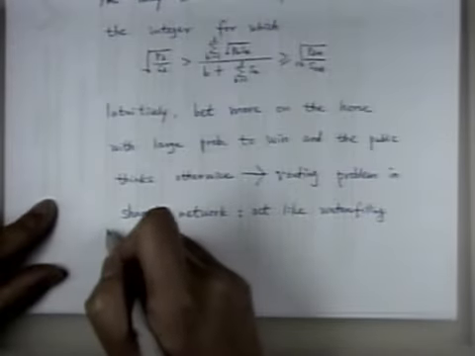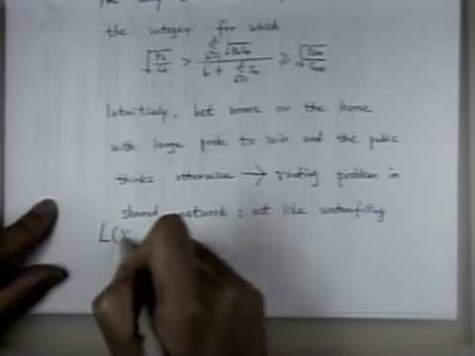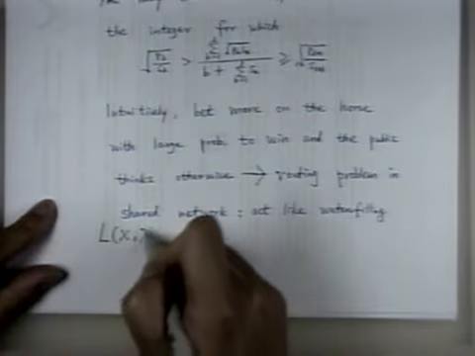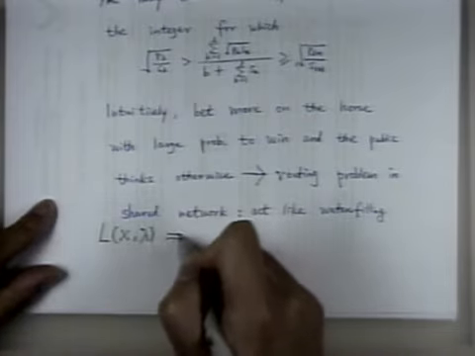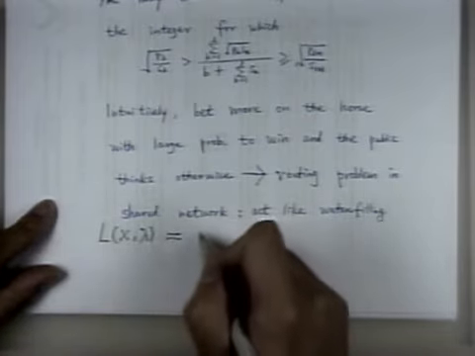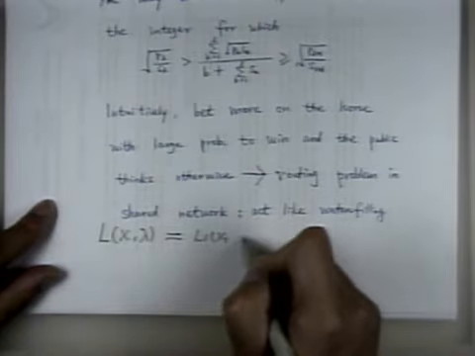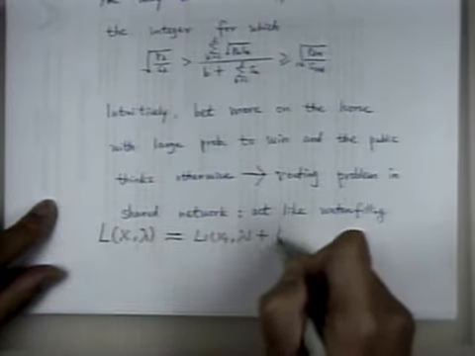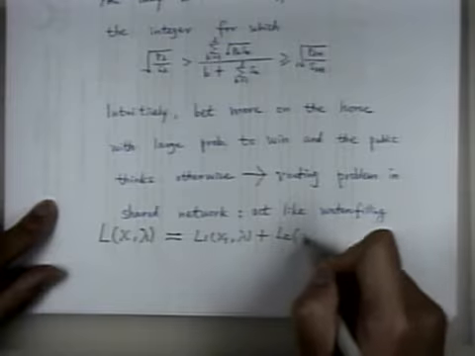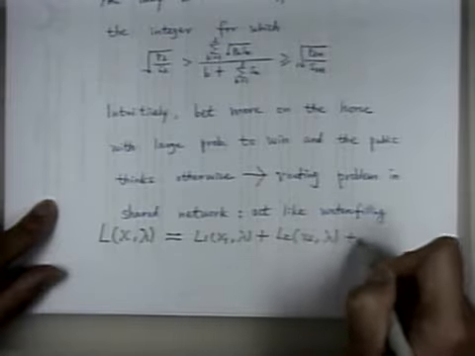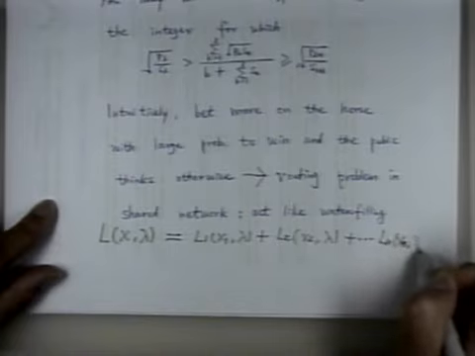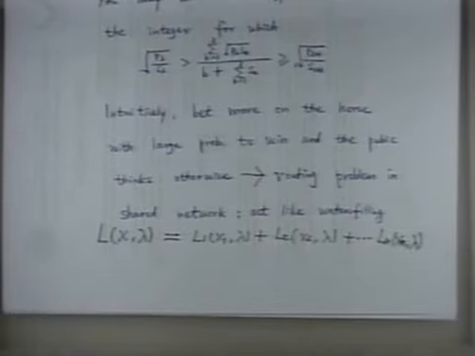I will try to write something like this. I have L(x, lambda), which is actually L1(x1, lambda) plus L2(x2, lambda) plus whatever, up to Ln(xn, lambda).